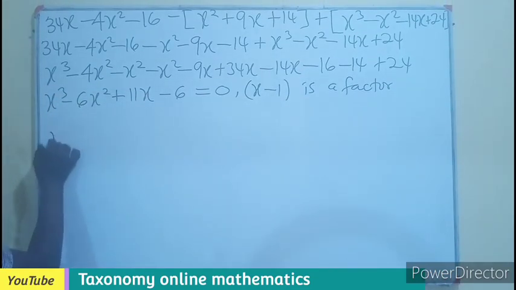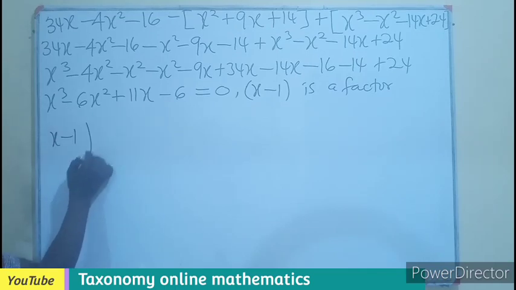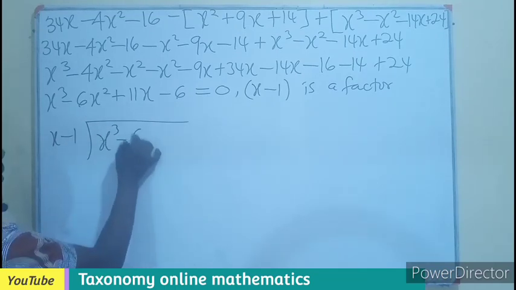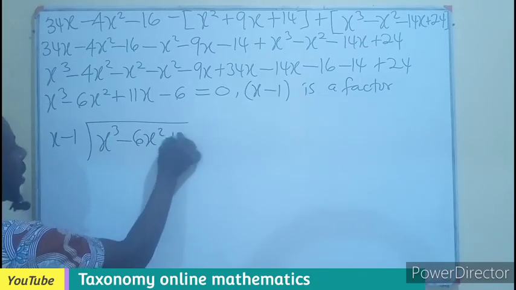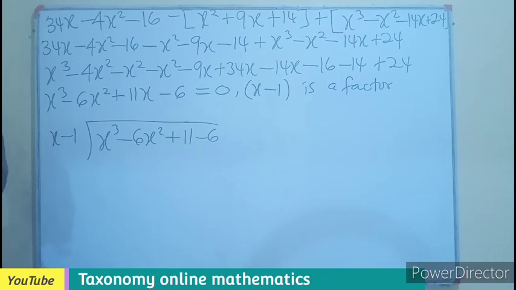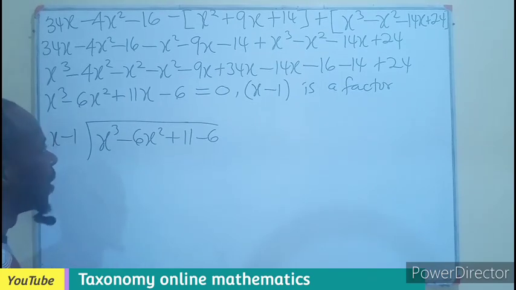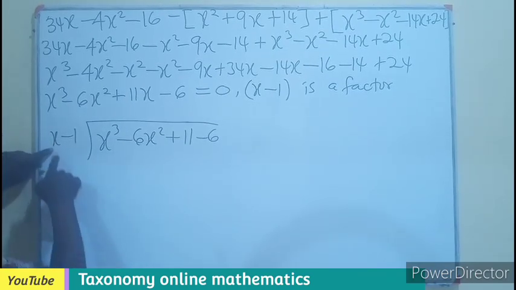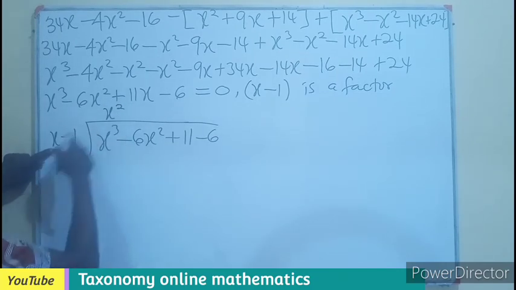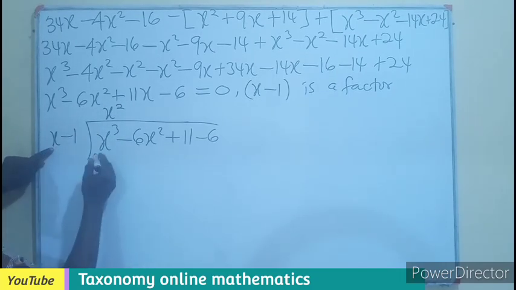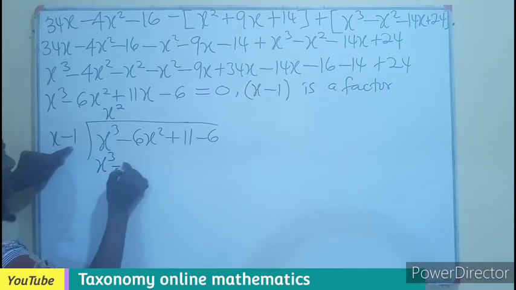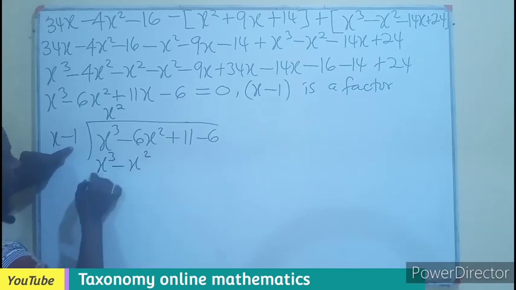So I have my x minus 1 dividing x to the power 3 plus 6x squared plus 11x minus 6. We are looking for x, so we need to be able to factorize this. When x divides this, it gives you x to the power 2. When you multiply, you have x to the power 3 times this will be minus x squared.